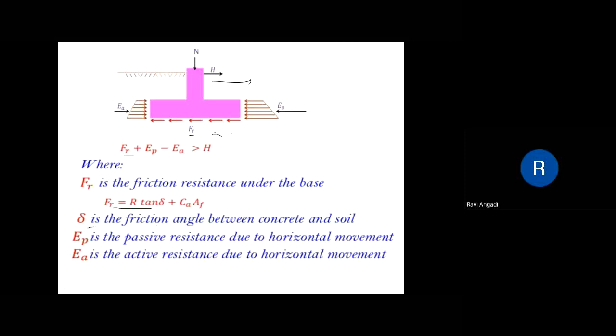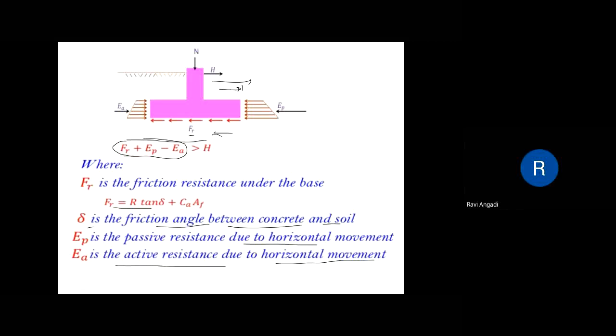Here, delta is the friction angle between the concrete and the soil, EP is the passive resistance due to horizontal movement, and EA is the active resistance due to horizontal movement. So to prevent this footing from sliding, the load due to the frictional resistance plus the passive resistance, which you have heard about as passive pressure and active pressure, minus the active pressure, all together should be greater than the horizontal force.